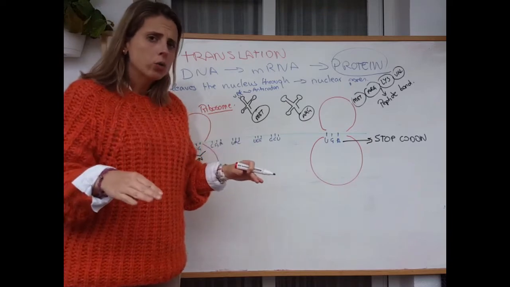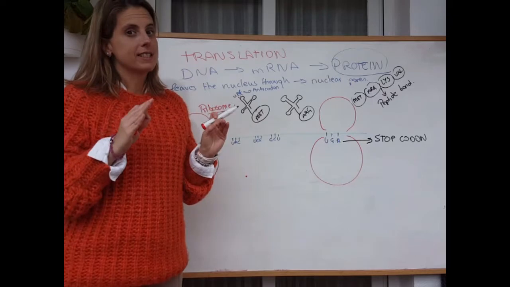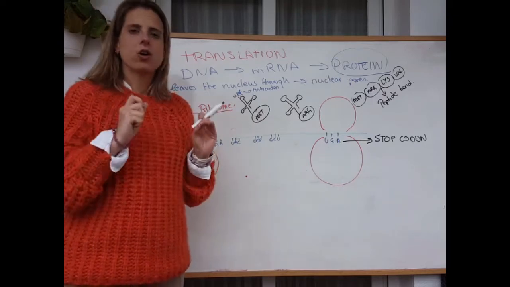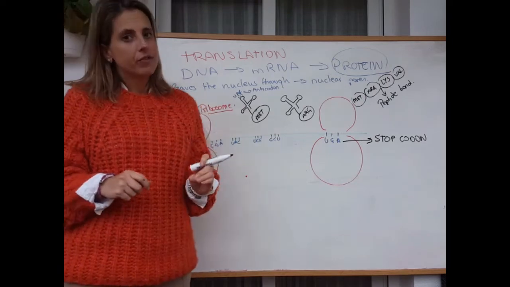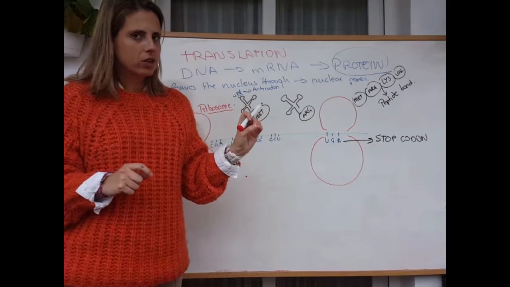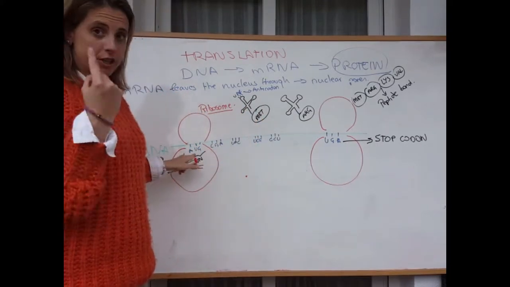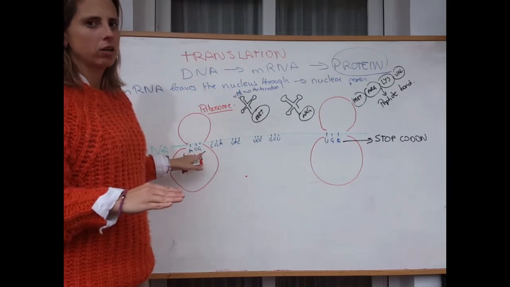Is it always the same codon? Yes, it's always the same codon. The first one is always the same, AUG. In every strand of messenger RNA, the first codon is always going to be AUG.